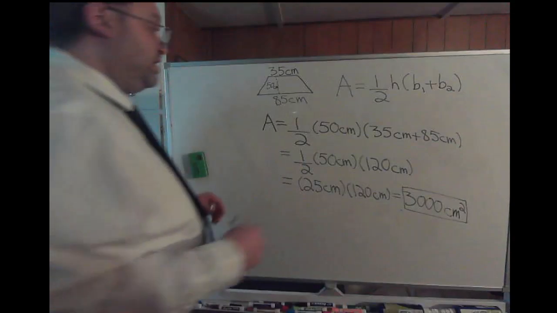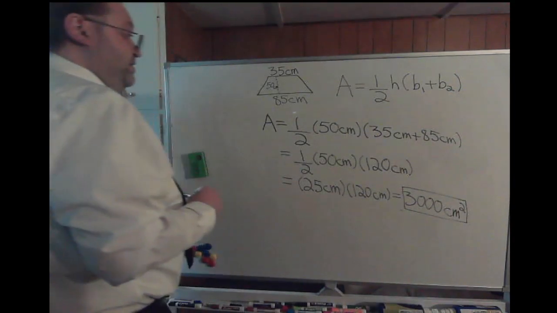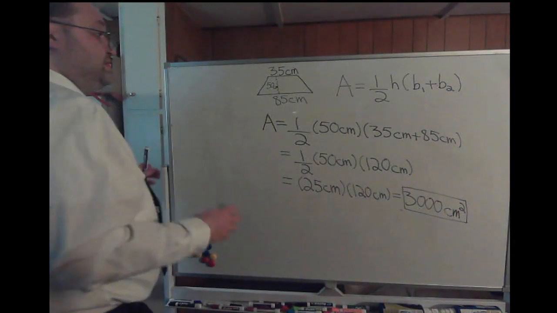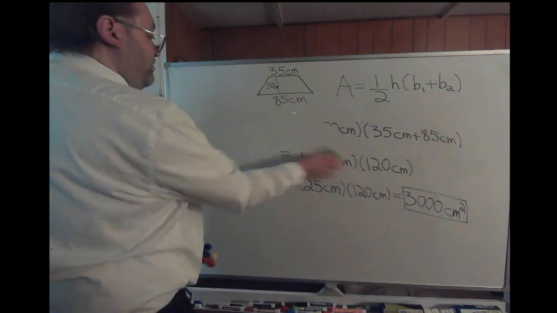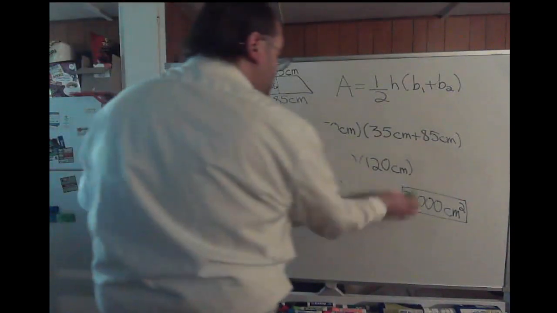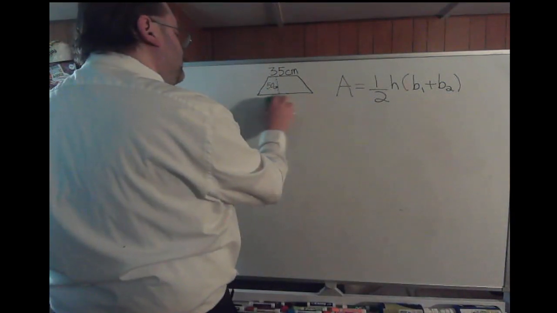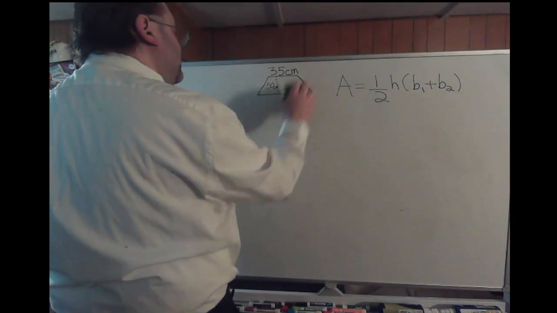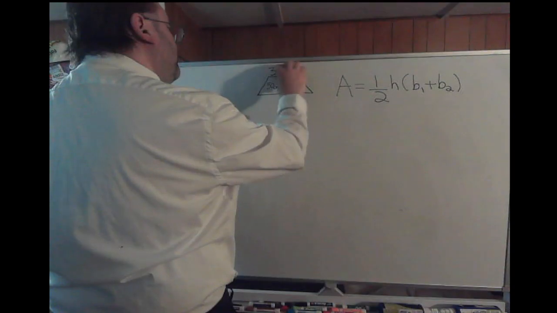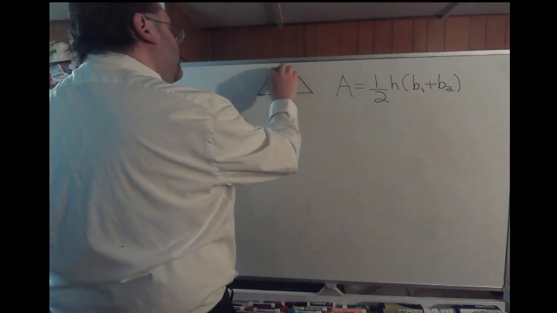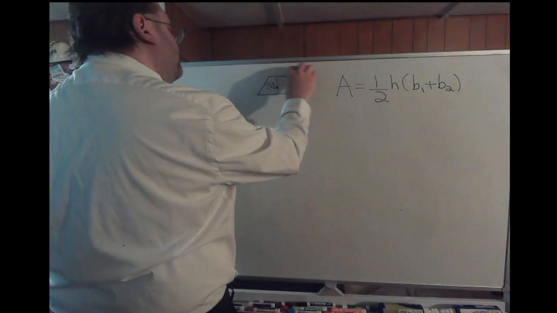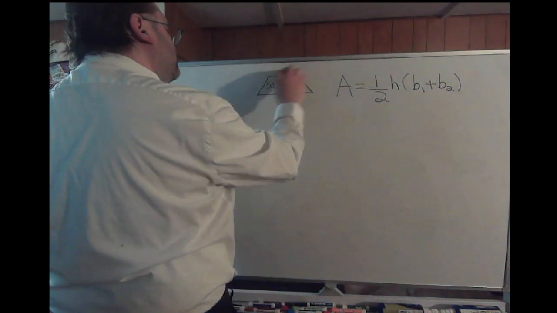So really there isn't much to these. I suppose we could do one more for trapezoid, because trapezoids can be a little bit funny. Parallelograms are pretty straightforward, just base times the height, but when you're introducing something such as a trapezoid, that can be a little bit funny sometimes.